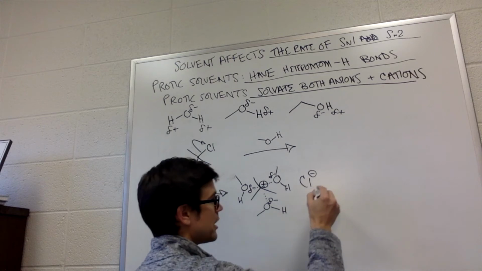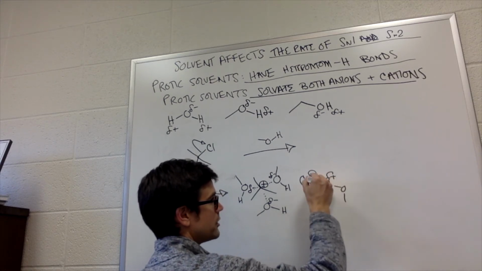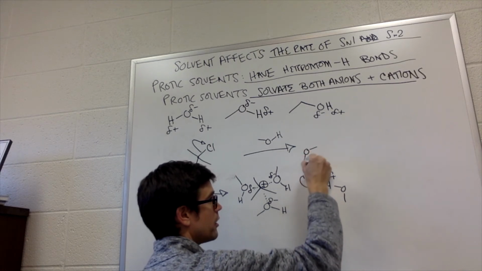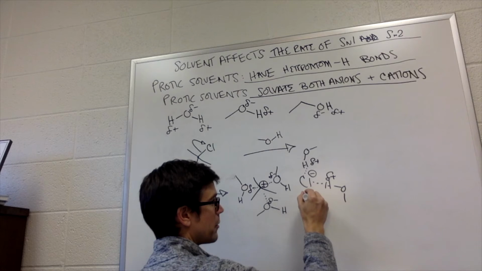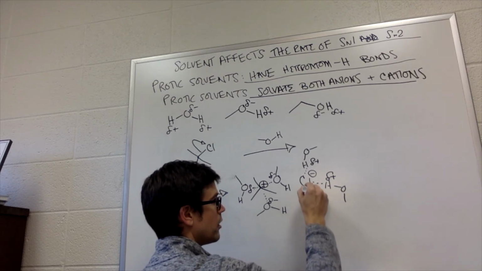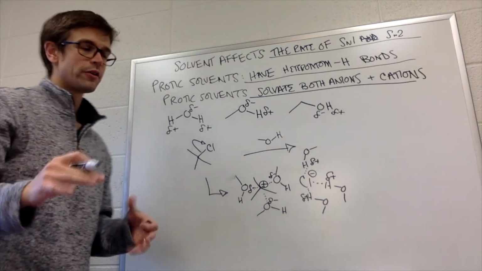And they're doing the same thing with the chlorine. They're orienting all of their partially positive hydrogens by the chlorine atom, kind of making hydrogen bonds to it, which stabilizes the intermediates.